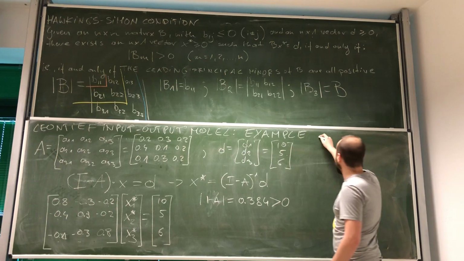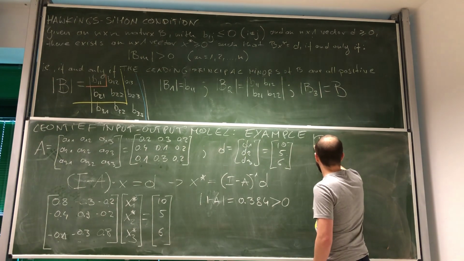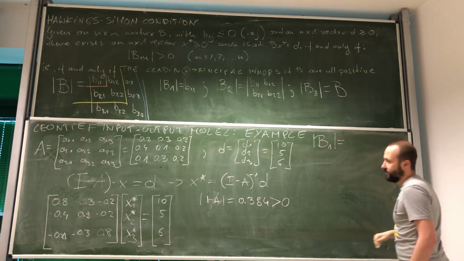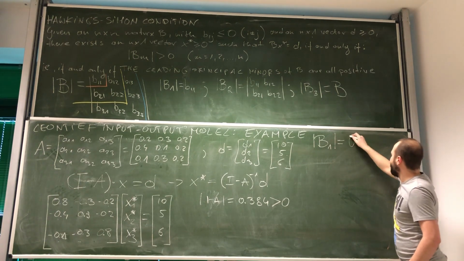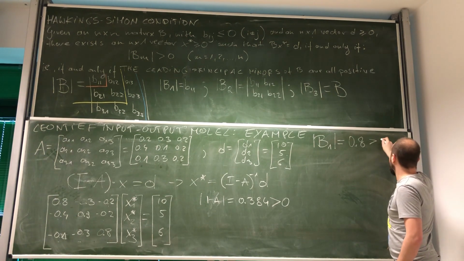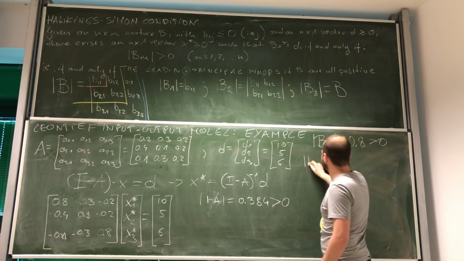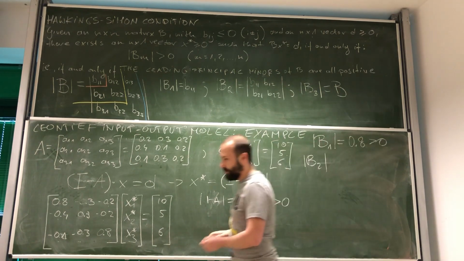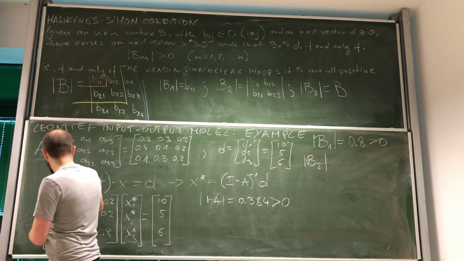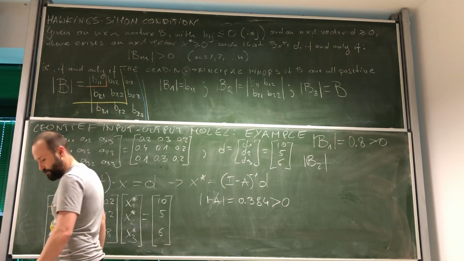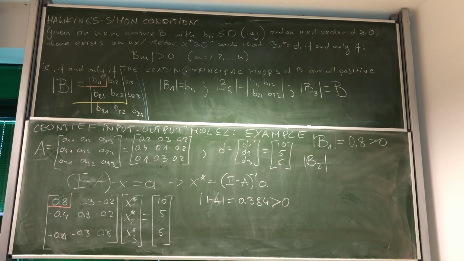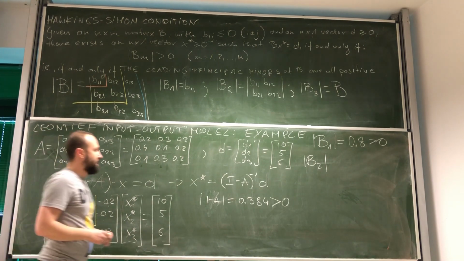Okay, so in our case, B1 is equal to 0.8, which is clearly positive. B2, right, because this was our B1. This is our B2.